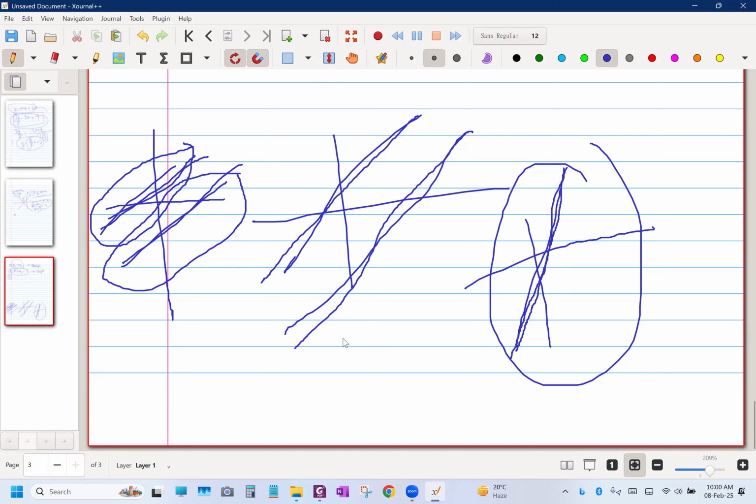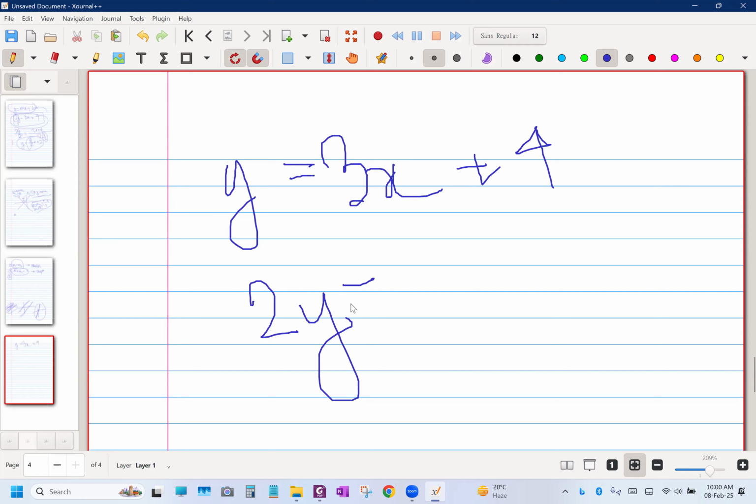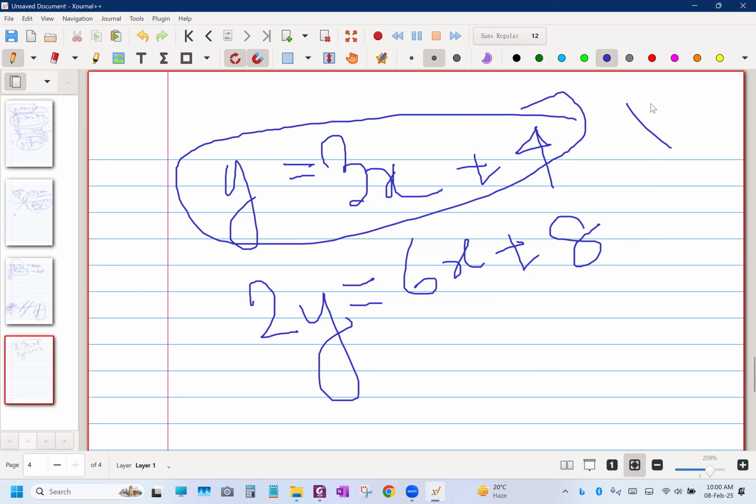So in some cases, which we talked about in your first linear algebra class, we solve this type of problem: y equals 3x plus 4. Just consider 2y equals 6x plus 8. If you multiply this equation by 2, you get this equation.